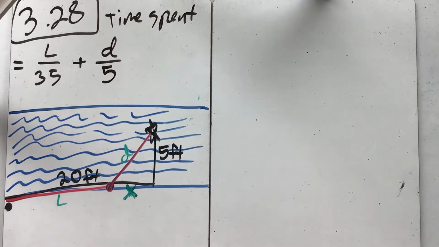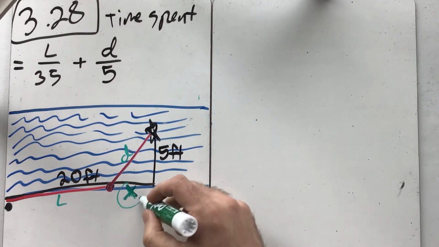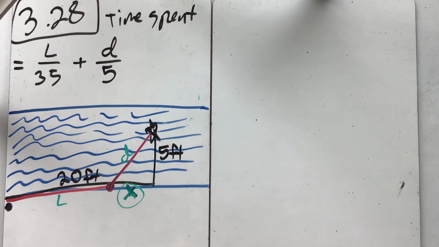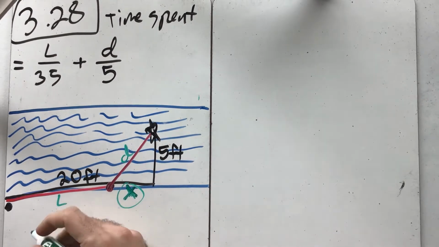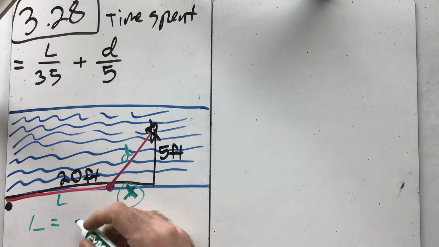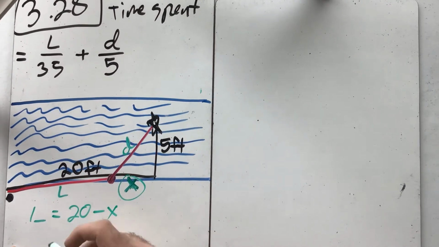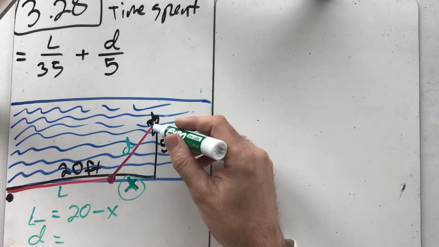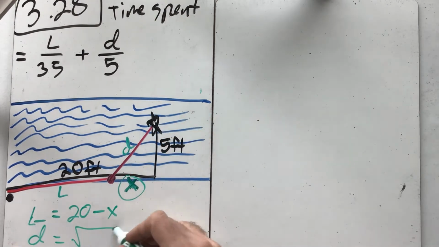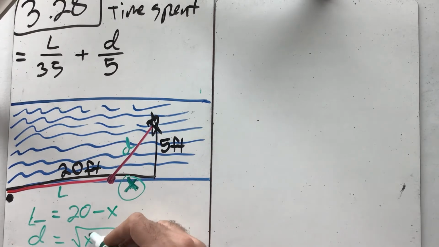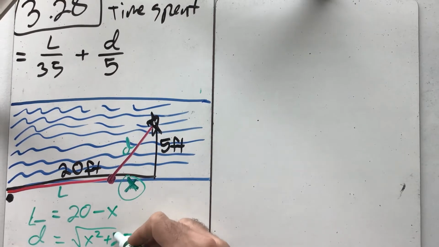Now what's nice is both d and L can be written in terms of this one common variable, which I will call x, because we can see really quickly that L is simply 20 minus x, and d is, well, we'd have to do the Pythagorean theorem, but d is the square root of x squared plus 25.